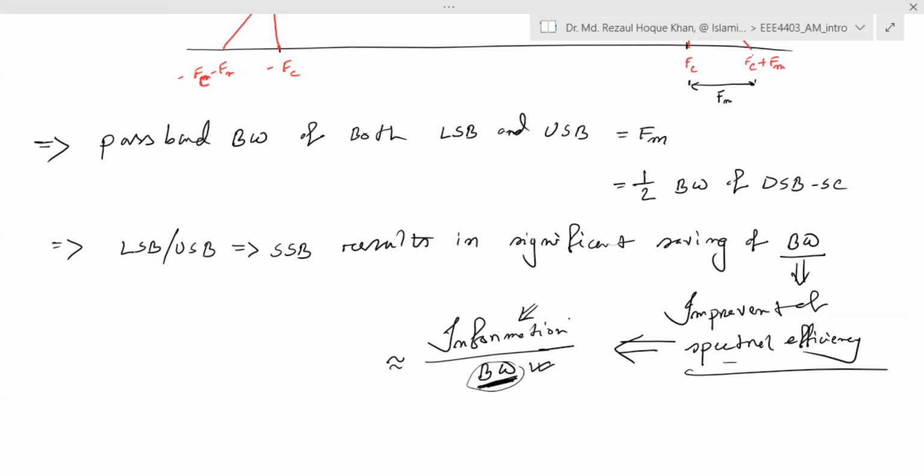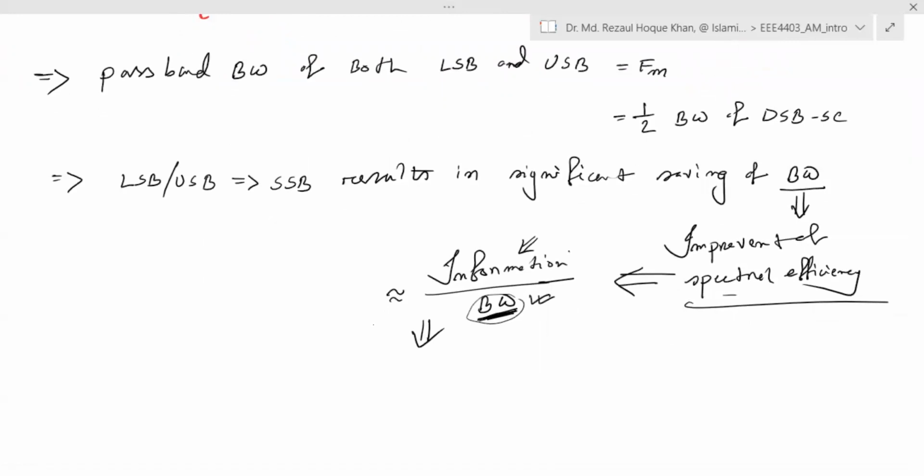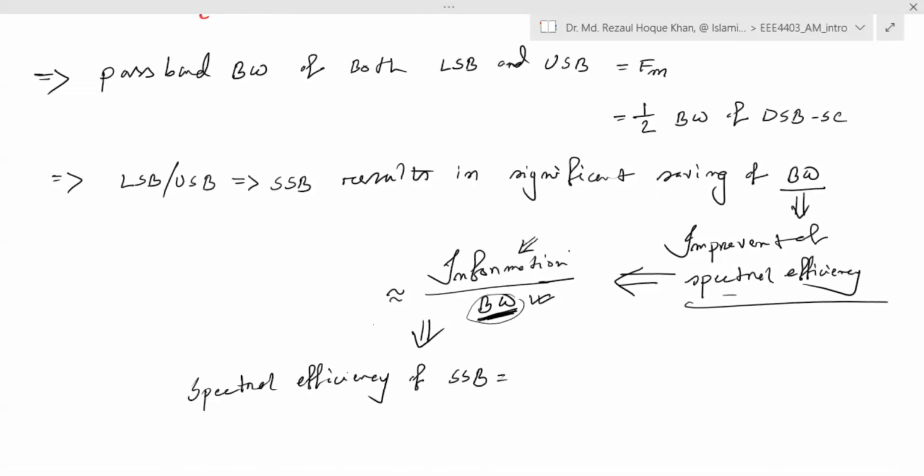So how much is this efficiency? From here we can summarize that the spectral efficiency of SSB is twice the spectral efficiency of DSB.